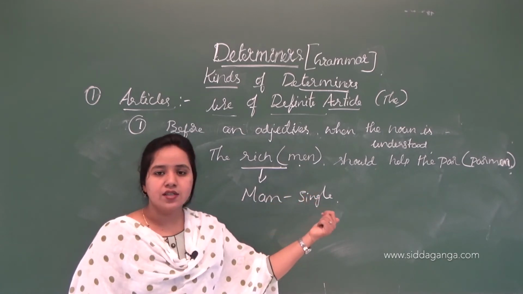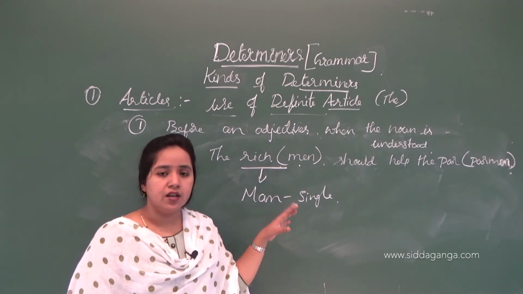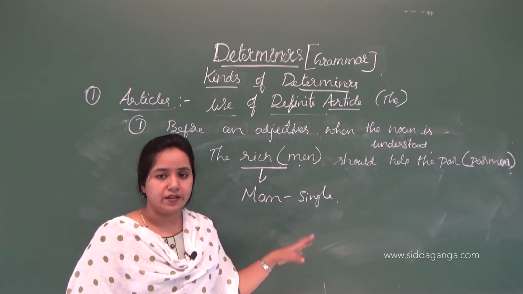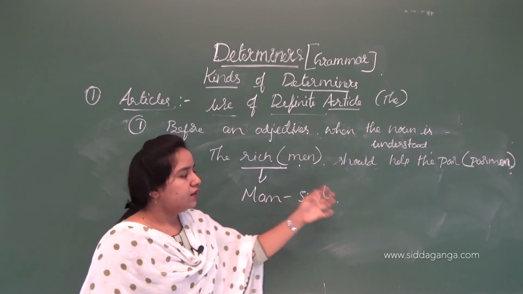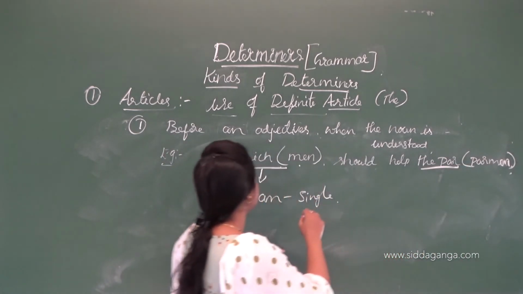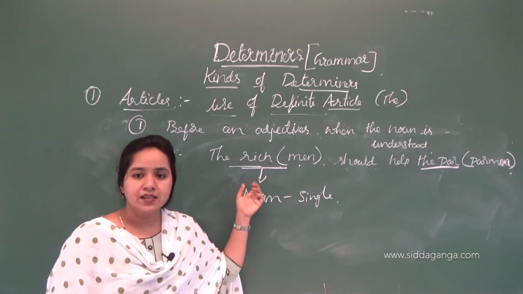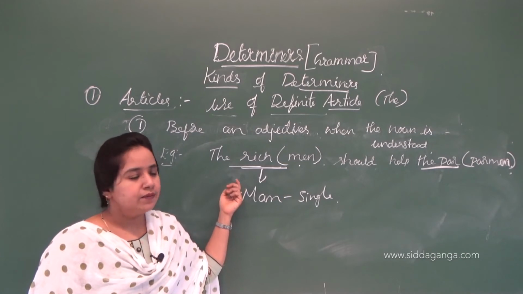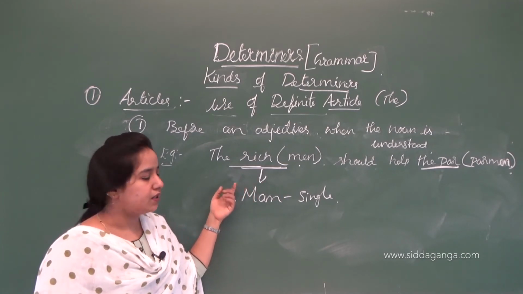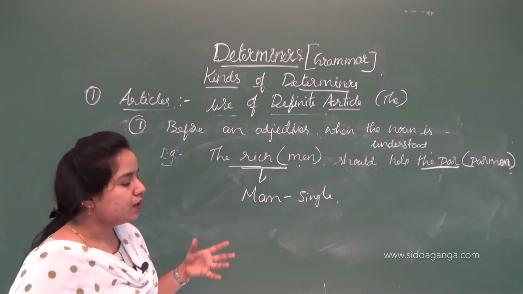There also it is the same. The poor people who come in poor conditions, the poor category. So there we are using the before the noun, here also and there also. Although it symbolizes a singular thing, we can take it as a whole. The rich should help the poor.